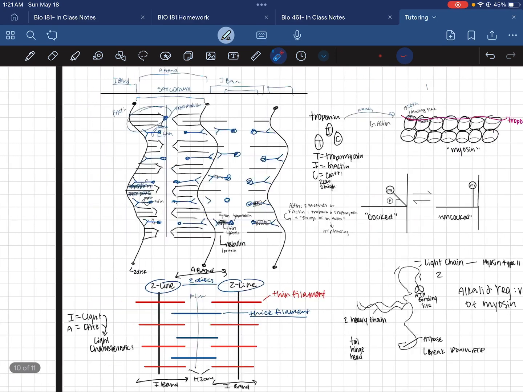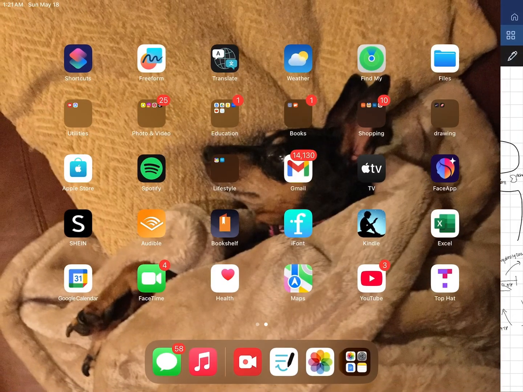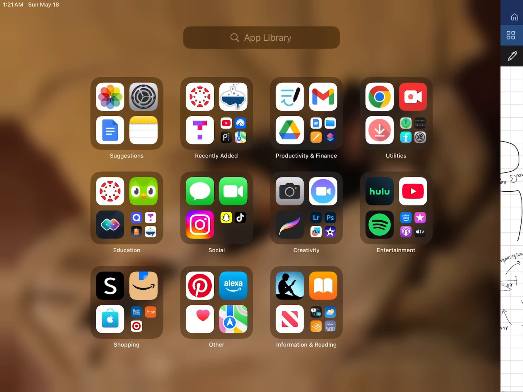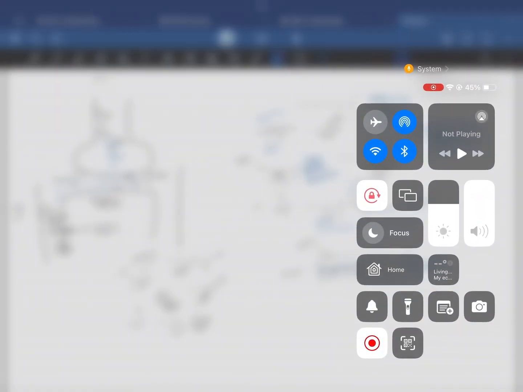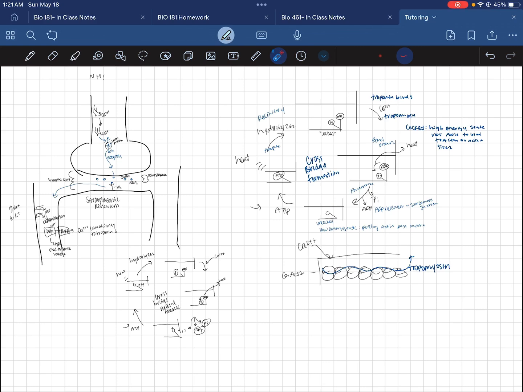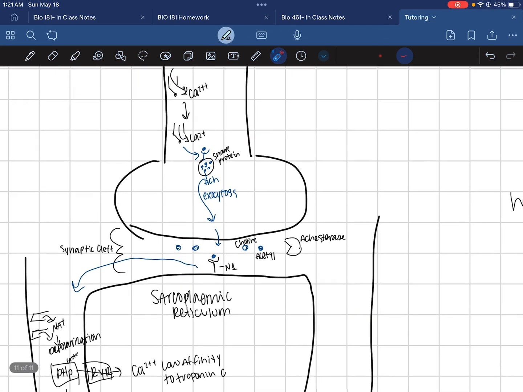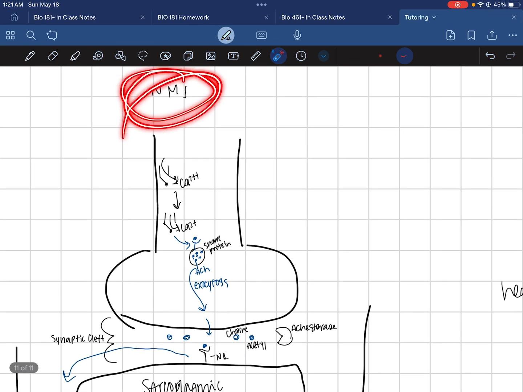I guess it didn't take me that long. I don't know how long this is actually taking me now. Oh, no, come back, please. How long is this? Oh, it's not going to tell me. That's fine. I don't care anymore. Neuromuscular junction. Are you so excited?